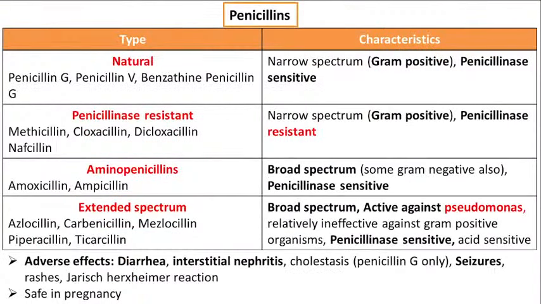If they ask you a question from penicillin in GPAT, they can ask about a specific characteristic of the drug, or which drug belongs to which category. If they ask you to identify the penicillinase resistant penicillin from the given list of drugs, it means you should know the names of penicillinase resistant penicillins. Where did this penicillinase come from? We haven't said penicillinase earlier.